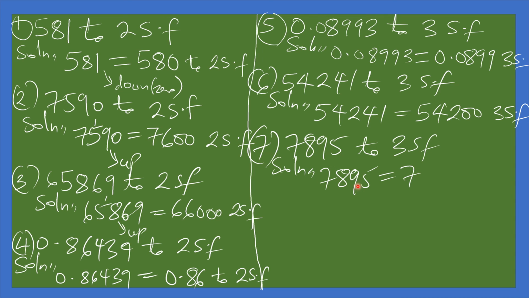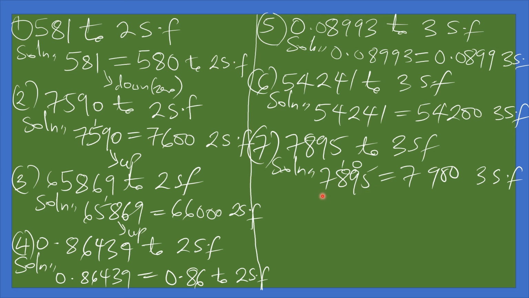Now the number after the 9 is 5. Because this is equal to 5, we have to round it up. We'll round this 9, thereby making it 10. So with this, we now have 7900 toward 3 significant figures. It's very simple.